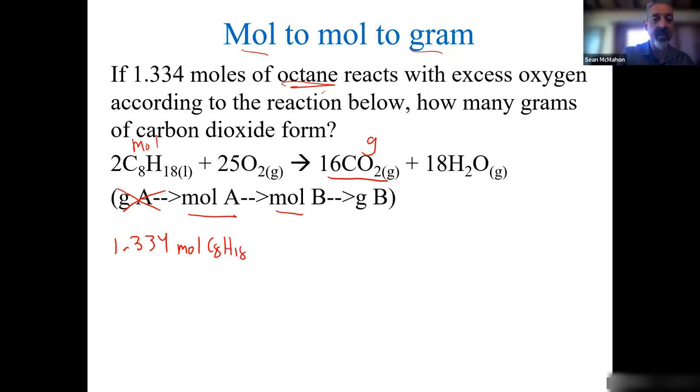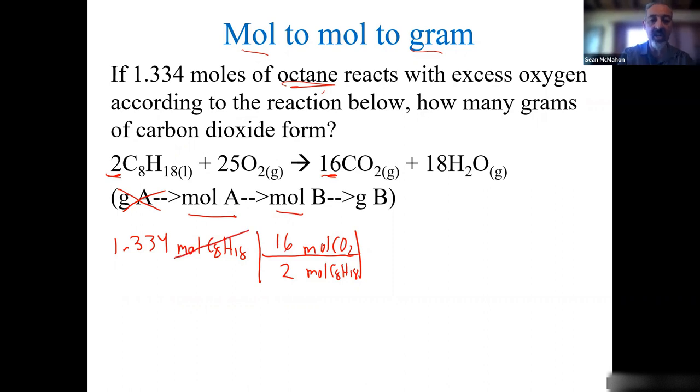But I want to get to CO2. How can I do that? How many moles of octane react to give me moles of CO2? What do I look at? 2 moles of octane are going to produce 16 moles of CO2.